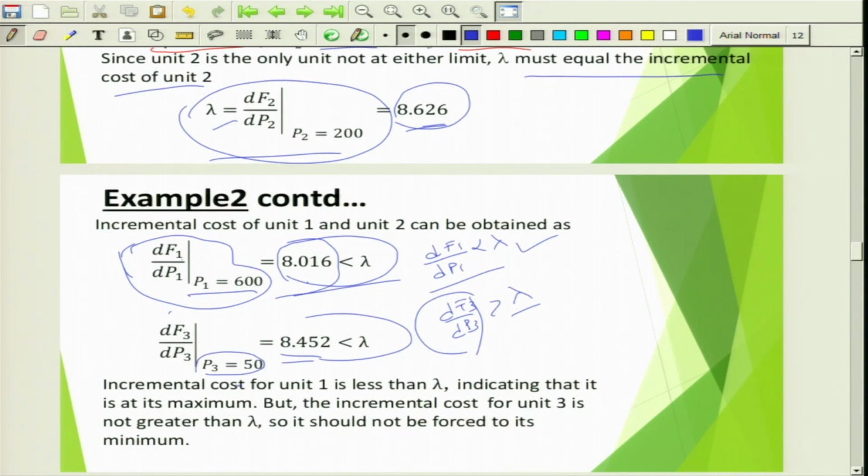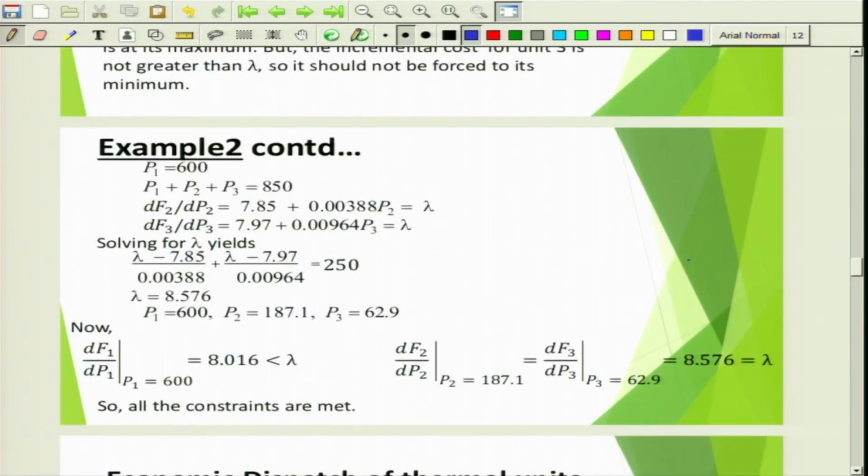That indicates the incremental cost for unit 1 is less than lambda, so it is at its maximum, but the incremental cost for unit 3 is not greater than lambda, so it should not be forced to its minimum.